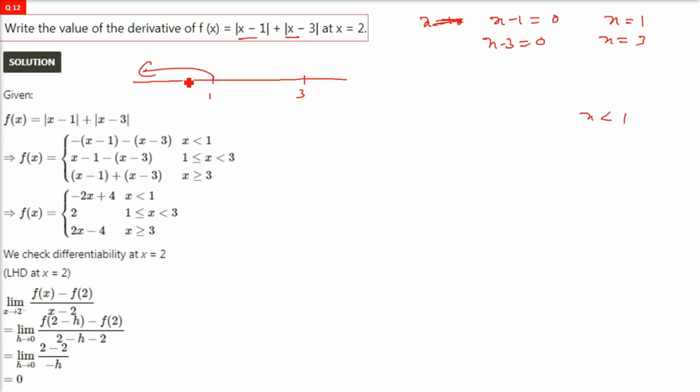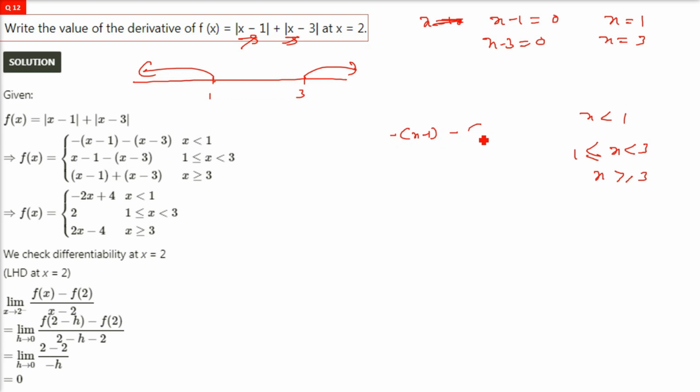So first interval is below 1, negative infinity to 1. Then we have 1 to 3. This is the second interval. And the third interval is from 3 to infinity. So x is less than 1, x is greater than 3, and between 1 and 3. There will be 3 intervals. So on the left of 1, x minus 1 will be negative, and x minus 3 also will be negative.